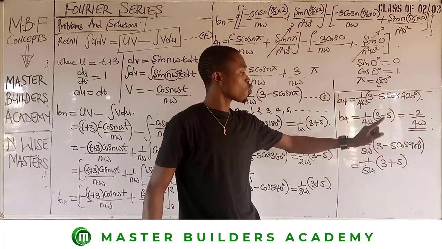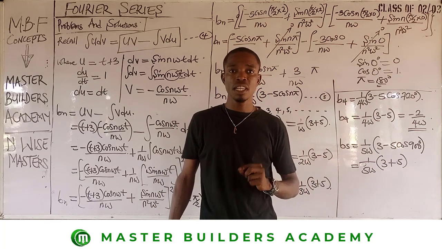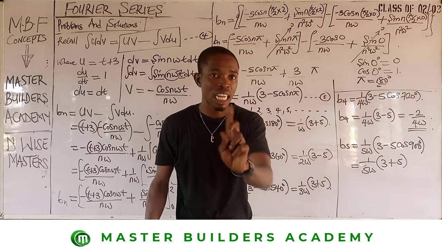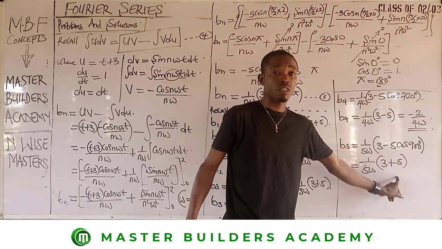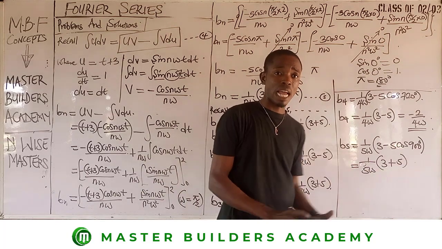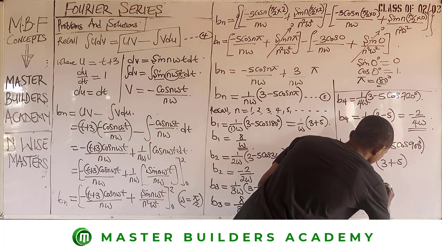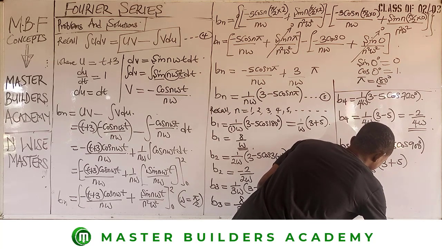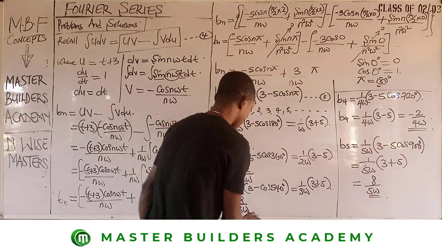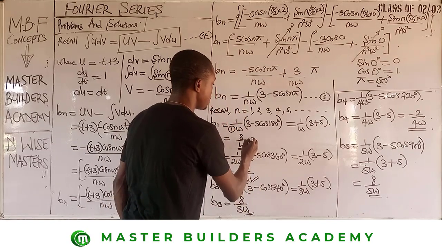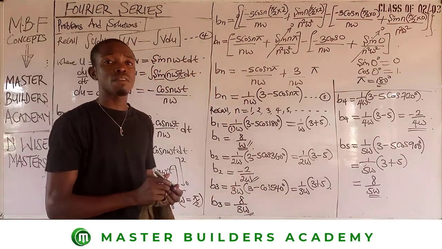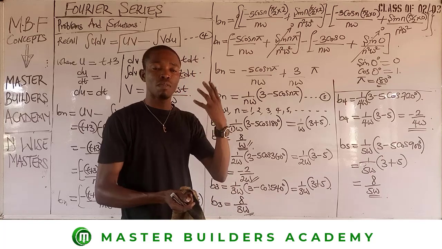Remember, cos 900 degrees is negative 1. Negative 1 multiplied by negative 5 gives us positive 5. And 3 plus 5 would have given us 8. So this will give us 8 over 5w. So guys, we have been able to get the first 5 non-zero values.